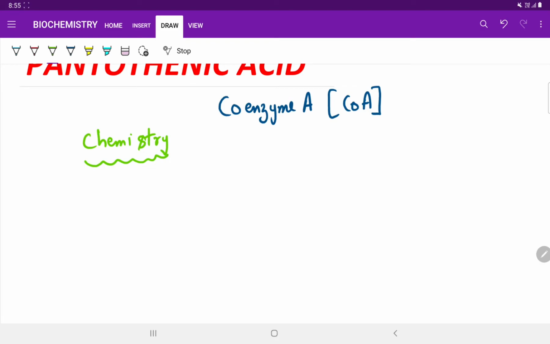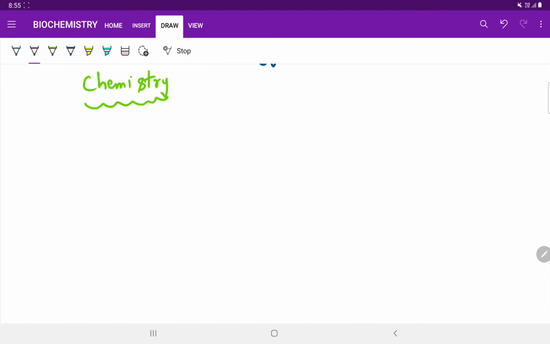It mainly consists of two components, that is pantoic acid and beta alanine. The first one is pantoic acid. See the structure of pantoic acid here.